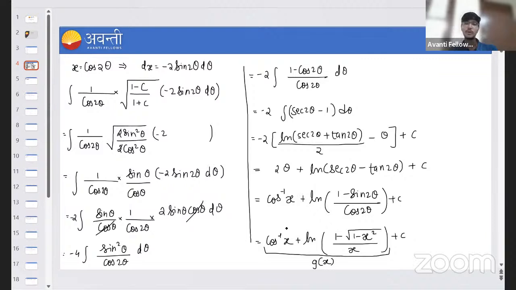So cos inverse of x plus cos inverse of x plus 1 minus 1 minus x square will be c. g of 1 is 0. So g of 1 will be equal to 0.